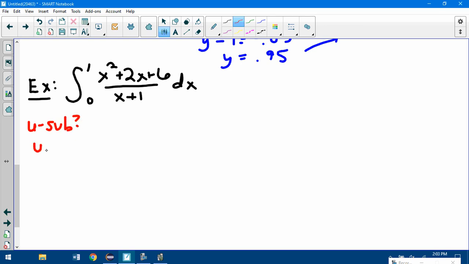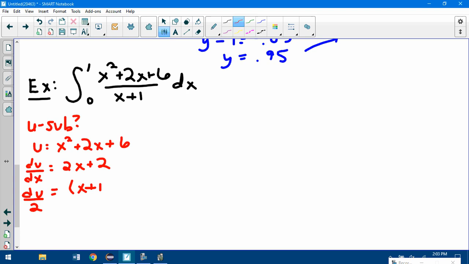Well, you'd want u to be definitely the x squared piece. So then du over dx is 2x plus 2. I want x plus 1, so can you see how I get x plus 1 out of that? I divide by 2. So can you see how du over 2 would be x plus 1 dx?